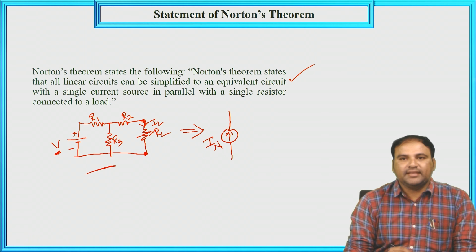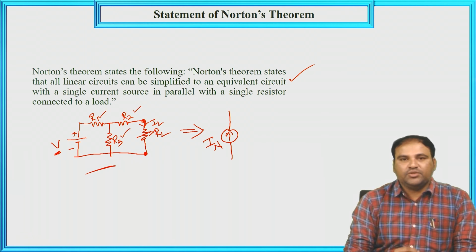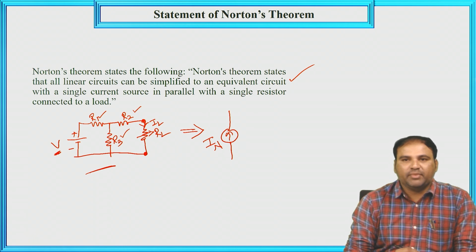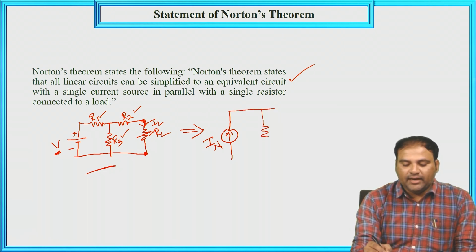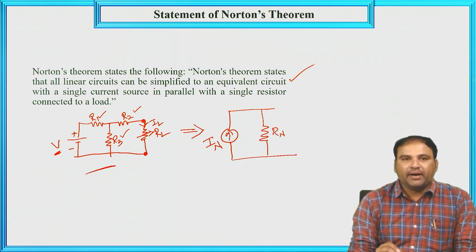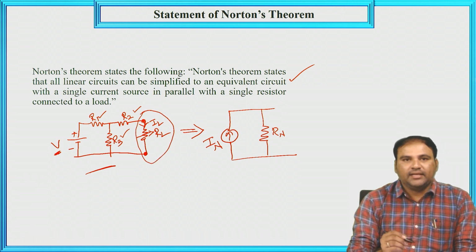The total resistance R1, R2 and R3 is replaced by Norton's resistance, RN, in parallel with the load resistor RL.